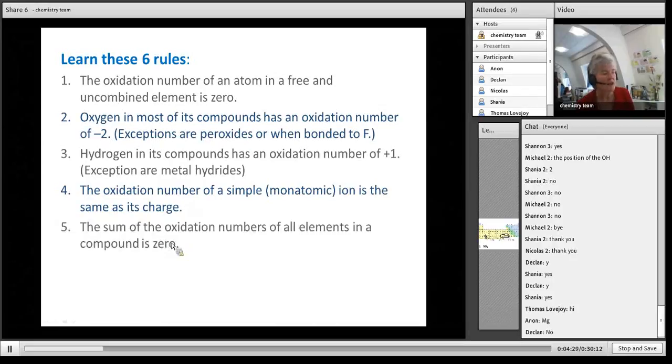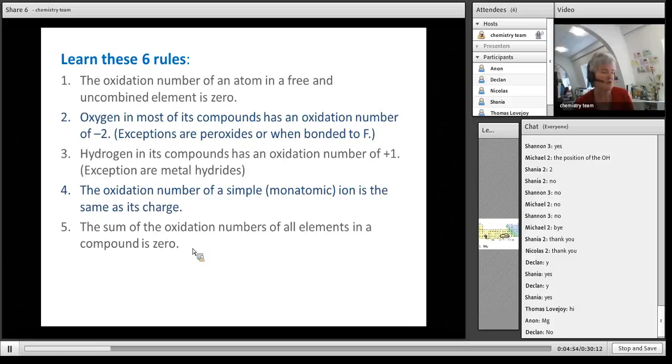Right. Then if we've got something like copper sulfate and we want to work out the oxidation number of sulfur, then we say if I have a neutral compound, then if I add up all the oxidation numbers for every atom in that compound, the sum will equal 0 because copper sulfate is neutral.